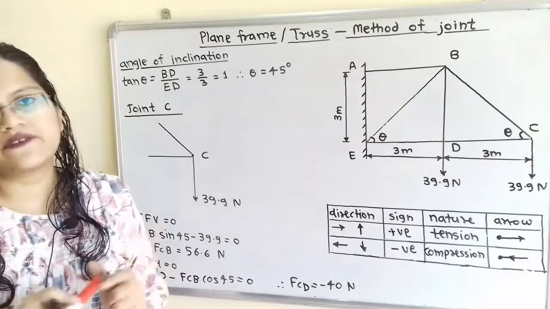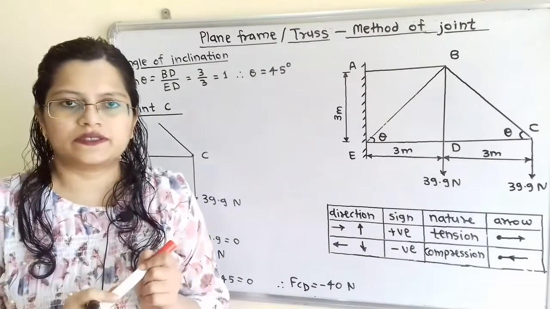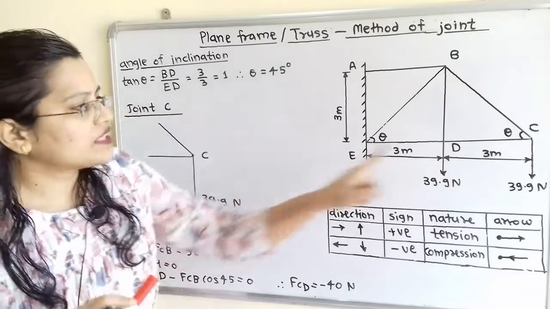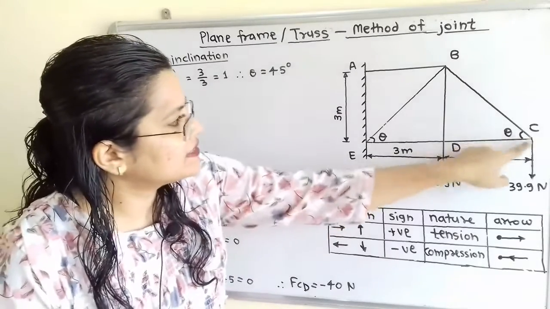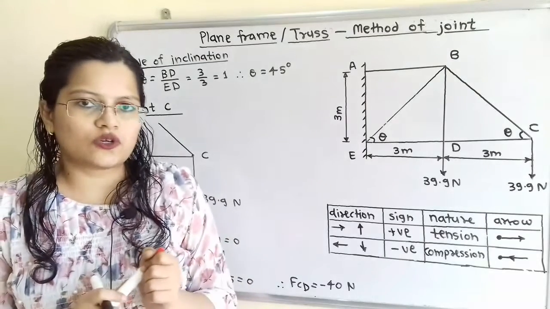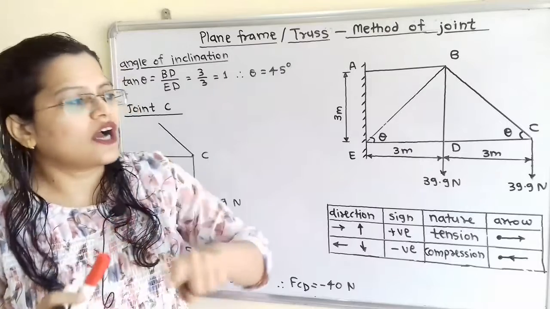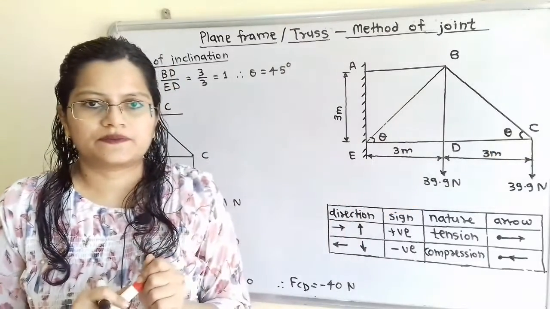So we will draw the free body diagram. Now here I will give you one hint. Now these forces CD and CB are not known. So direction is also not known. So we will show the direction away from this joint.